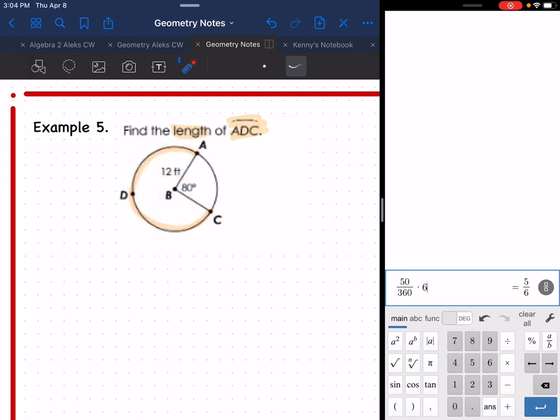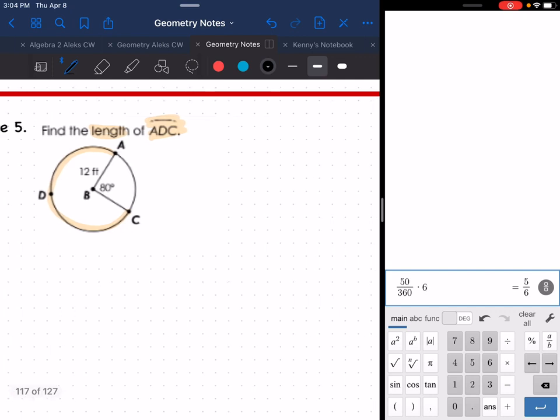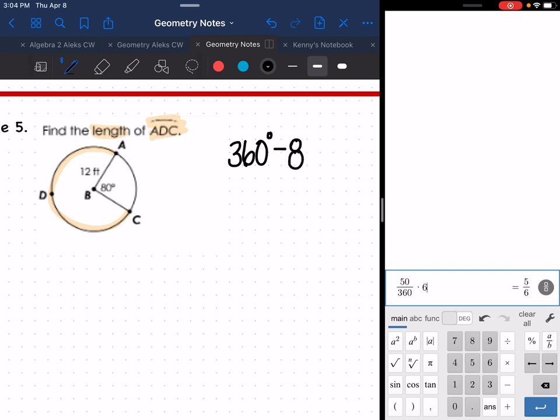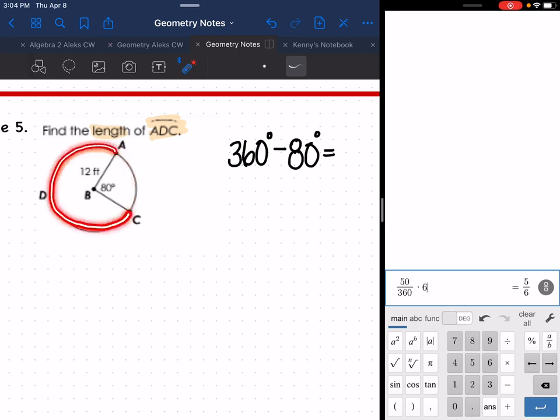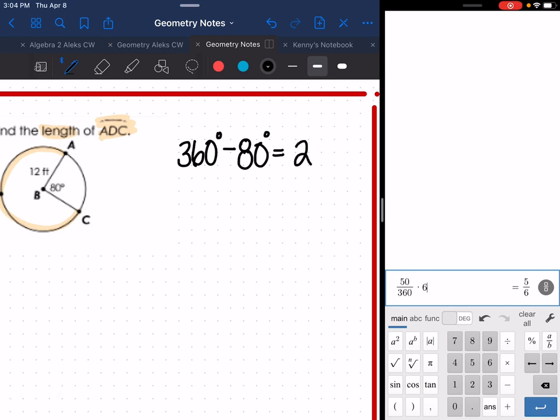But wait, I know that a circle is 360 degrees. So if I take away the 80 degrees from the minor arc from A to C, then I would know how many degrees this arc is, which would also be this angle inside as well. So 360 minus 80 gives me 280 degrees.